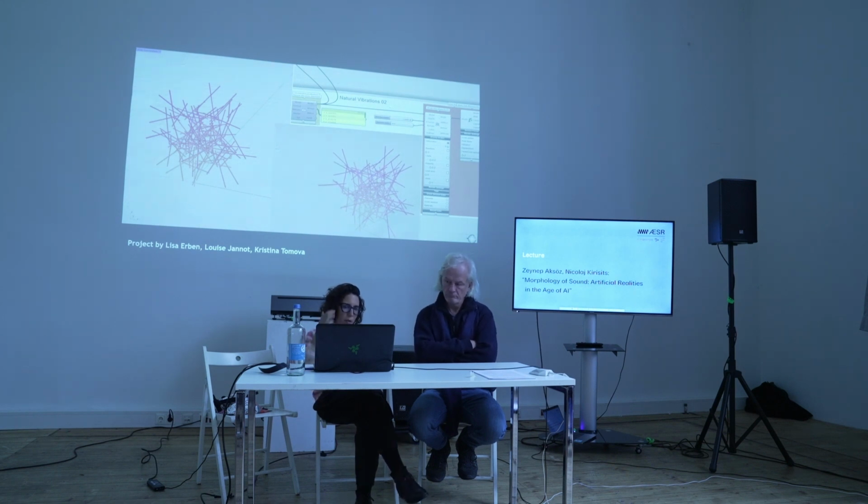This was developed by our students at the Technical University, and they were exploring these reciprocal, not static structures. If everything vibrates, what if we start designing vibrating structures?